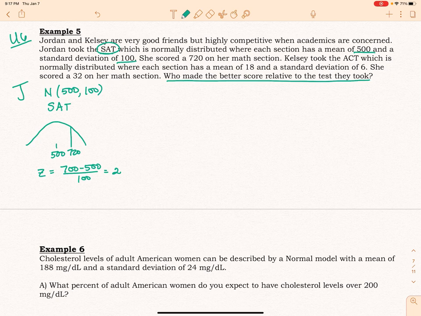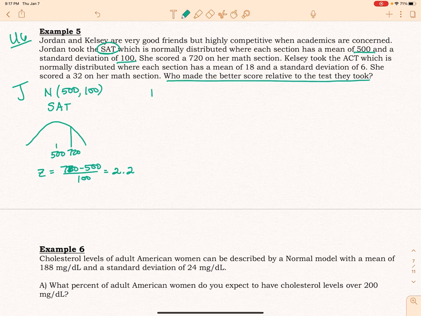Oh, it usually helps though if you use the right numbers. 720 minus 500 over 100. All right, so Jordan, her math score on the SAT was 2.2 standard deviations above the mean.